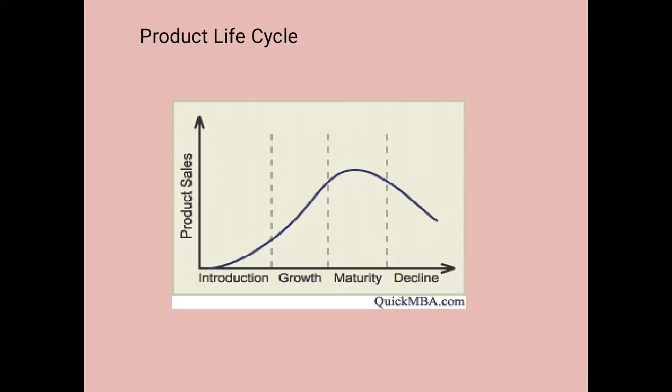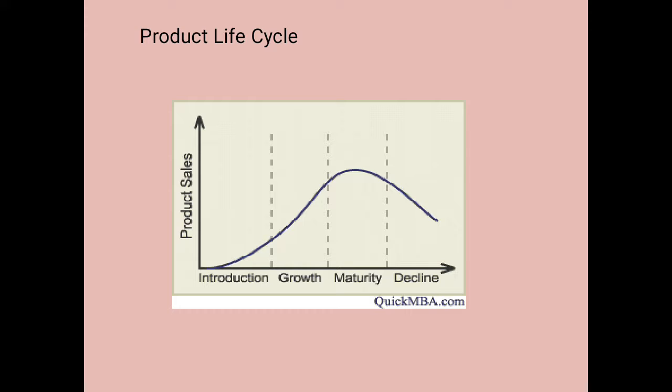Product life cycle is another important terminology as far as product strategies are concerned, where the product sales is plotted against time, and we find that there are 4 phases, namely introduction, growth, maturity, decline, and it's a bell-shaped curve.